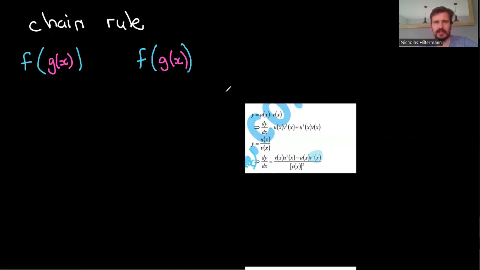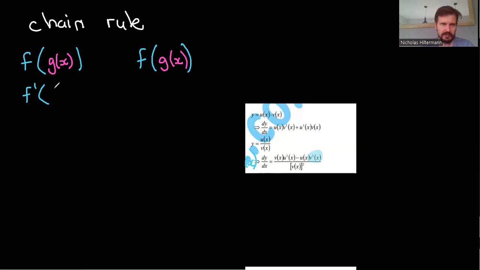I'm going to call it the inside-outside rule, so I'm going to write the rule like this. If you have f of g of x, then the derivative is f dash of g of x.